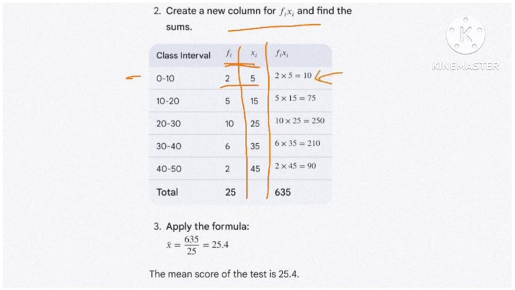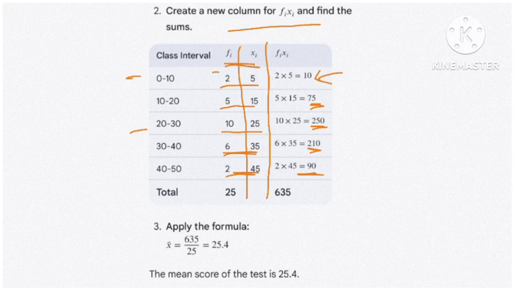For the second class interval, 5 into 15 gives 75. For 20 to 30, 10 into 25 gives 250. 35 into 6 will give you 210, and the last is 45 into 2, which gives 90.